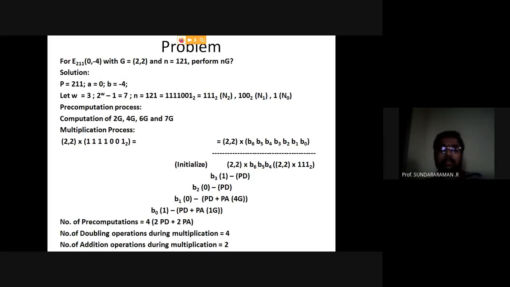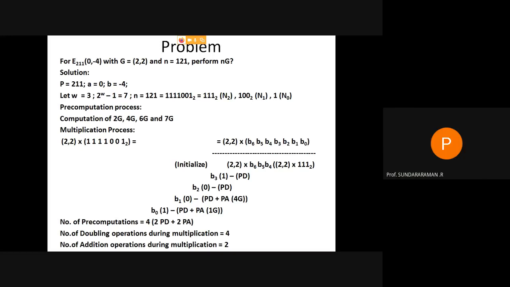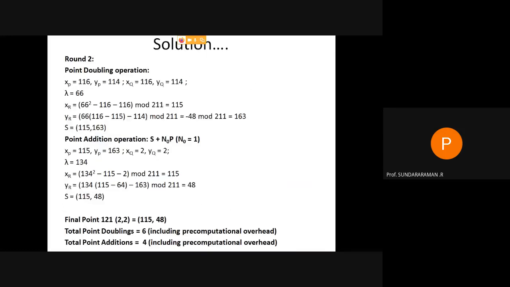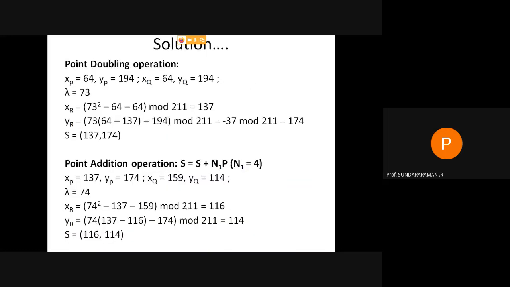N2 is 111, that is the first 3-bit of N. Next 3-bit of N is 100. So N1 into N2 into P was performed. The values were generated and stored in memory or lookup table. Again 100 into P, that is N1 into P. Now I am going to use it. So N1 into P comes here.